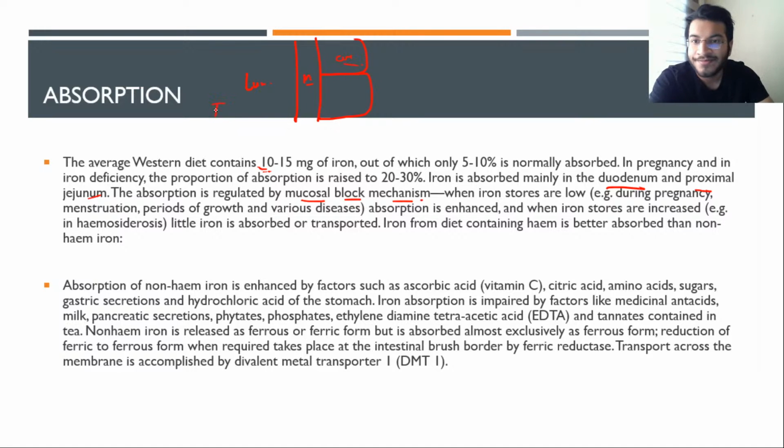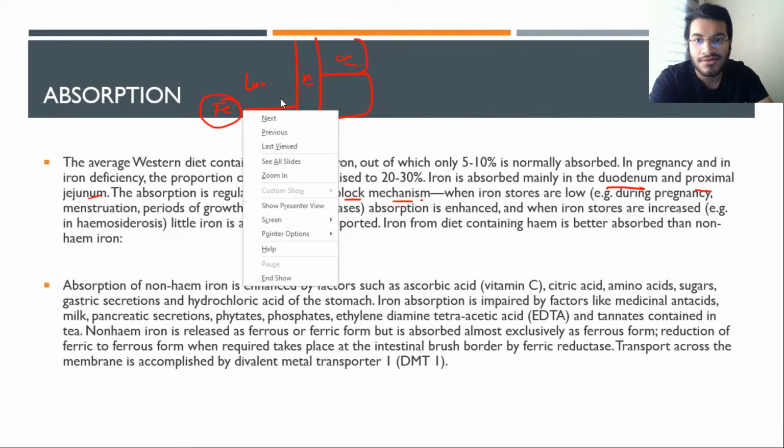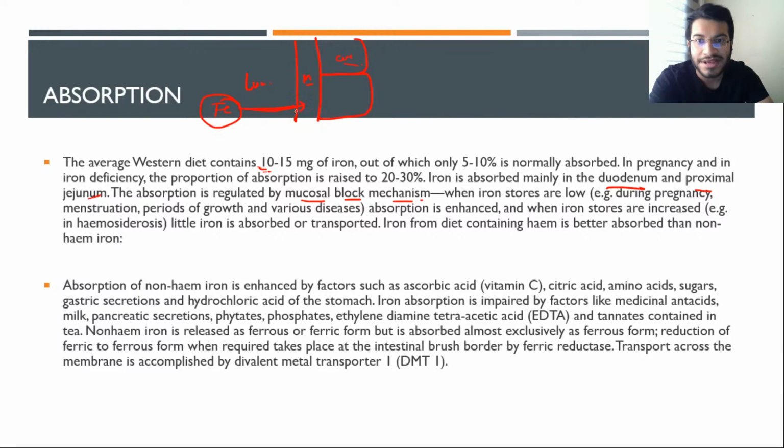Here iron will come from outside and go into the mucous membrane. And if your body is having excess of iron, then ये आयरन यहीं पर स्टोर हो जाएगा, अंदर नहीं जा पाएगा, right?